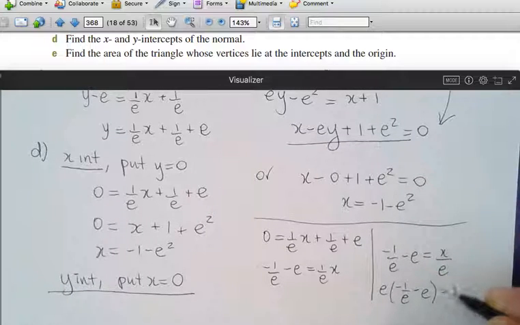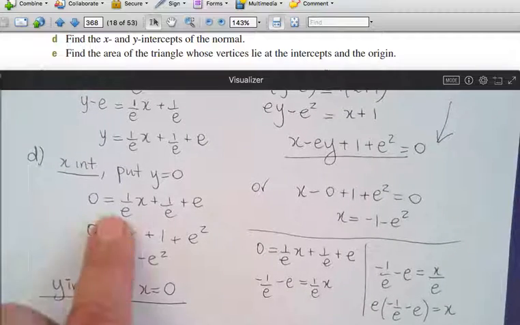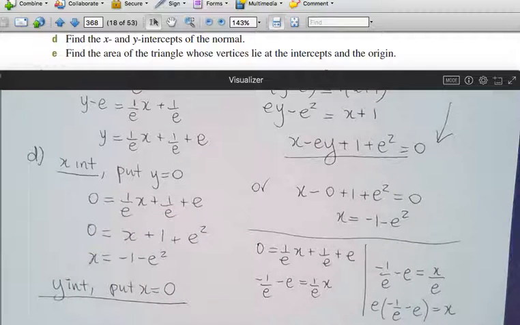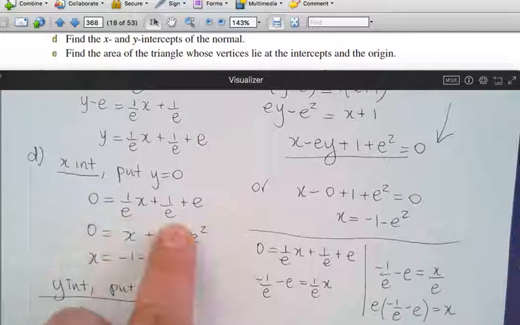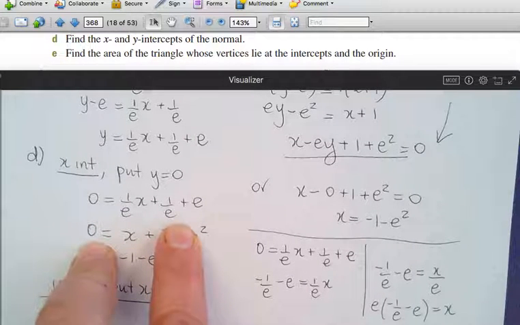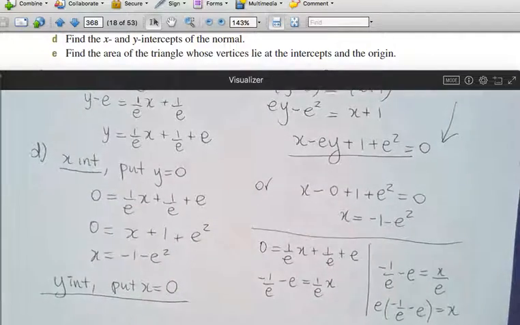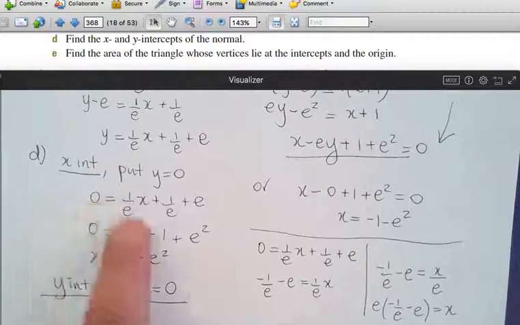It really is much better if you know that if you're solving an equation and there are denominators, multiply both sides of the equation by the lowest common multiple of the denominators. So that's multiplying both sides by e. There's one term on the left, but there's 3 terms on the right.